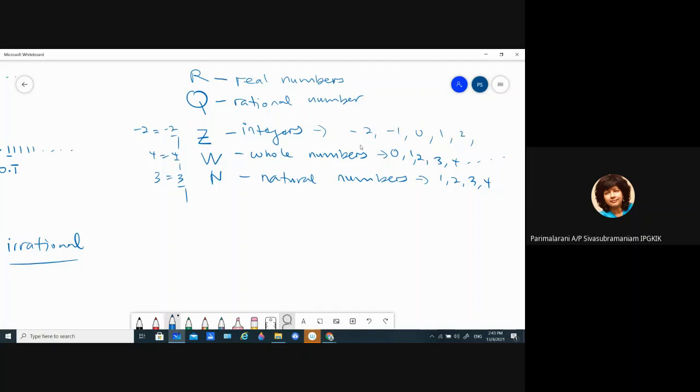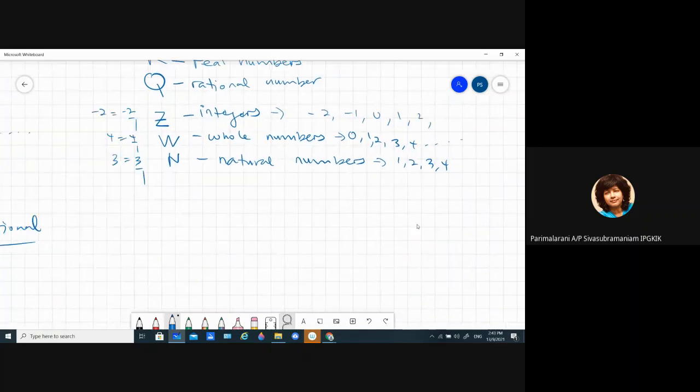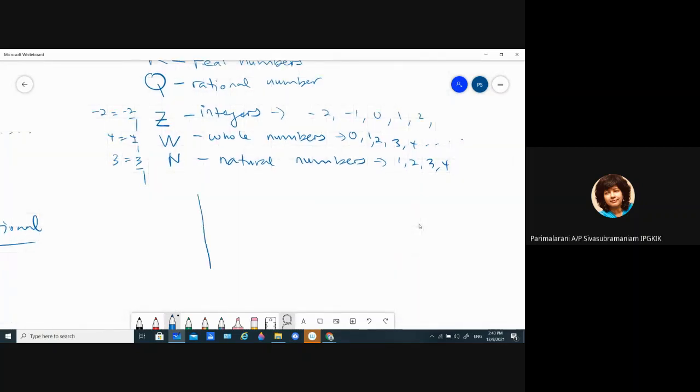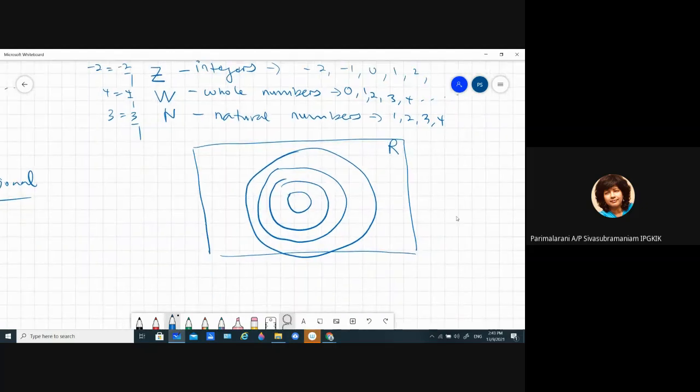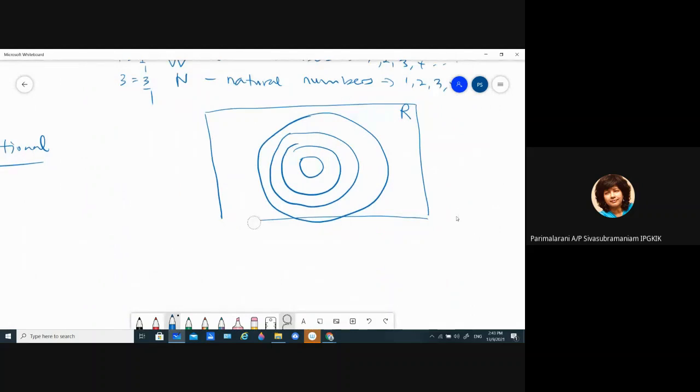Okay, so if we drew a set diagram, outside here will be our real numbers. What is the innermost circle? What does it represent?